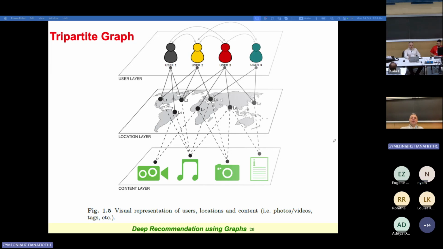And here we can see an example of users who visit some point of interest and assign some kind of photographs or videos for this tag, some kind of information objects.